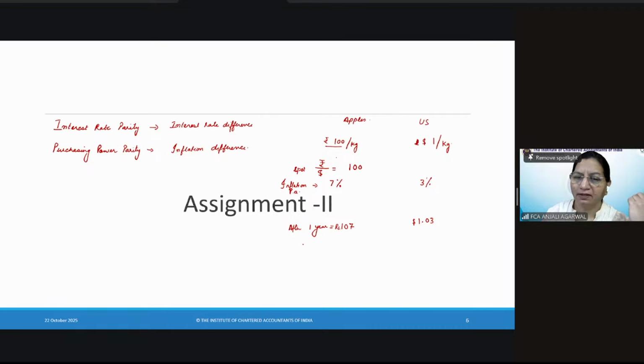So the forward exchange rate after 1 year should be 107 rupee equal to $1.03. So 107 divided by 1.03. Theoretically, the exchange rate should be 103.8835.